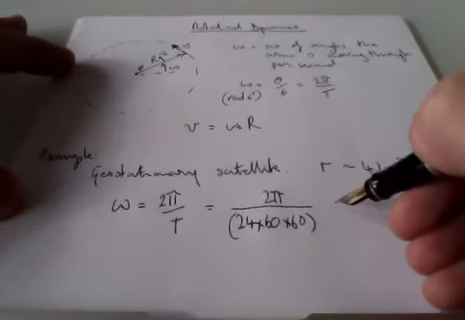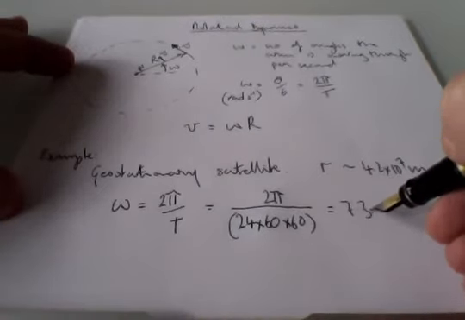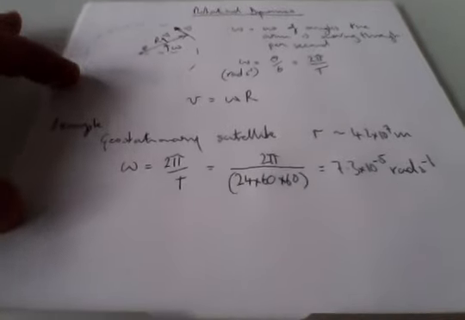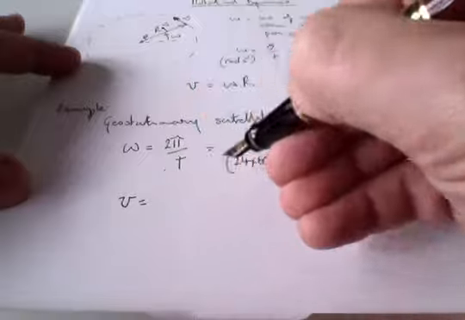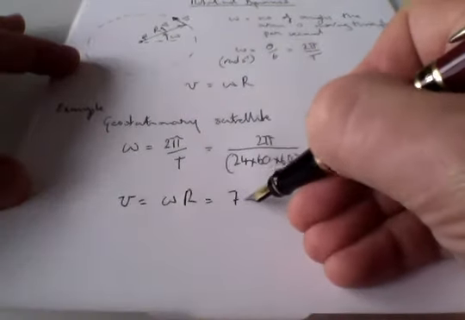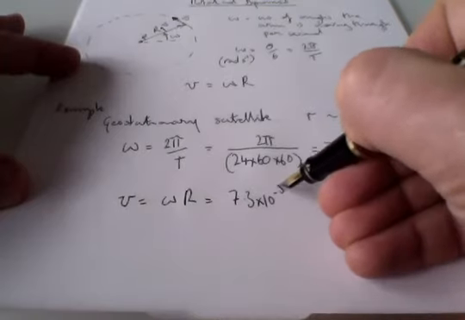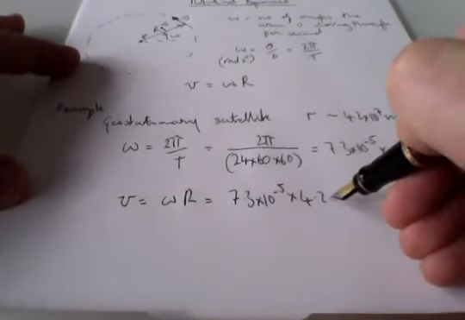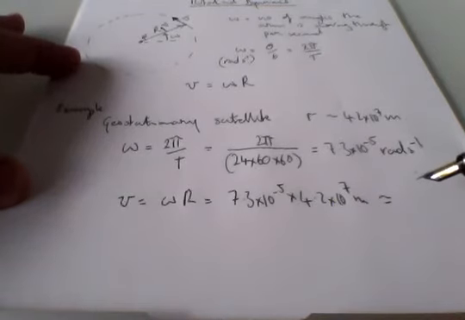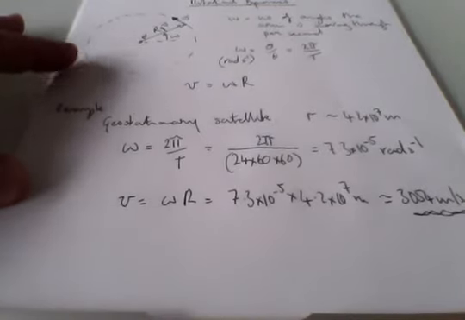So we have this value, which gives us 7.3 times 10 to the minus 5 rads per second. And therefore our velocity at that point is simply omega r, which is 7.3 times 10 to the minus 5 by 4.2 times 10 to the 7 meters, which gives us something equivalent to 3,054 meters per second. Pretty fast.